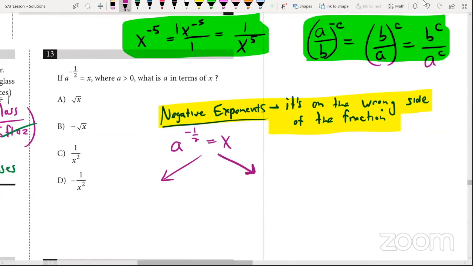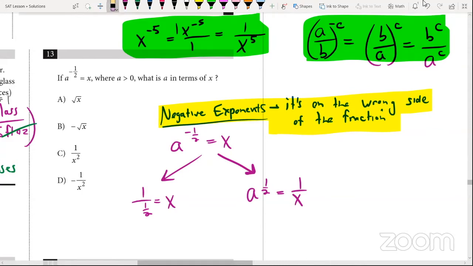Flipping something takes care of it. So on the one hand, we can say 1 over a to the 1/2 equals x. And on the other hand, we could say a to the 1/2 equals 1 over x. So we either flip the left side or the right side, and both of those get rid of the negative on the exponent.